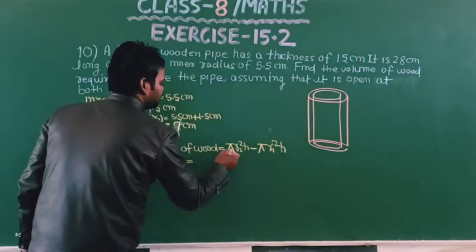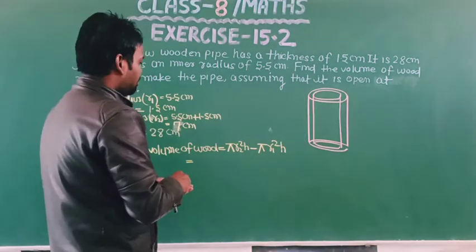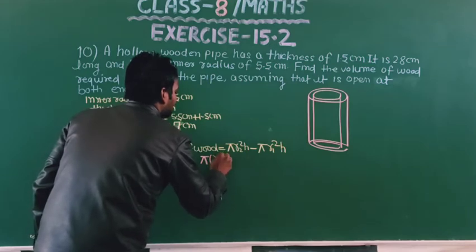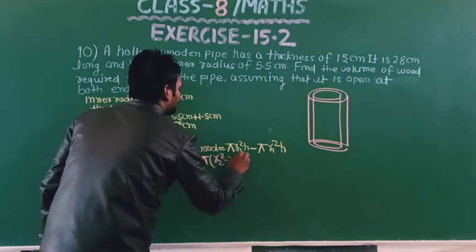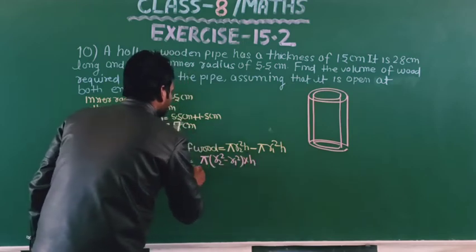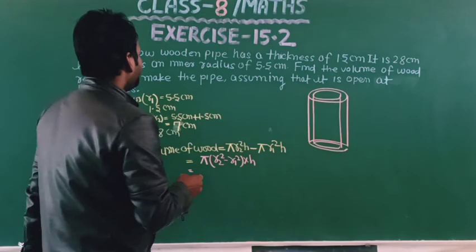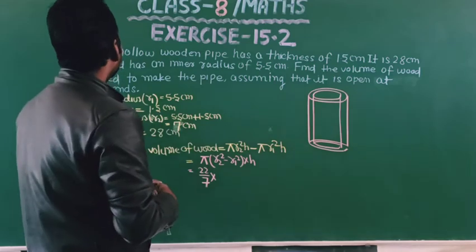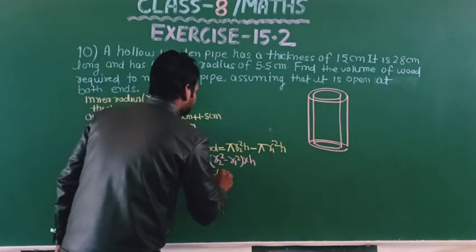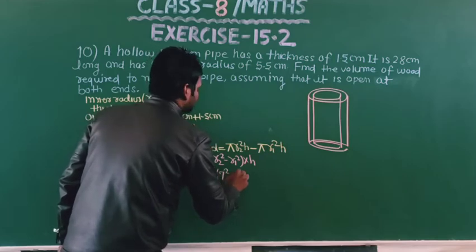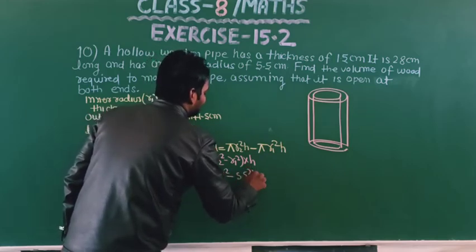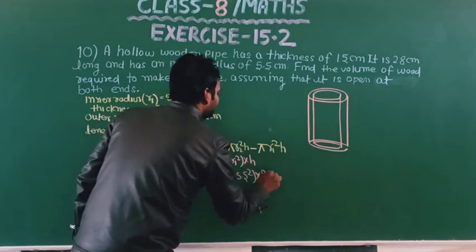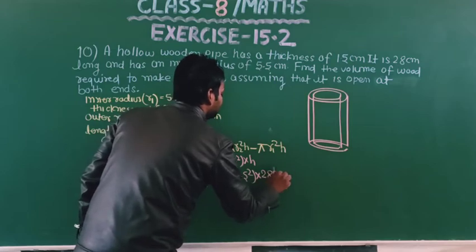Here pi h is common, so write pi, inside bracket R2 square minus R1 square, into h. The value of pi we know is 22/7. The value of R2 is 7 square minus 5.5 square into 28 centimeter.